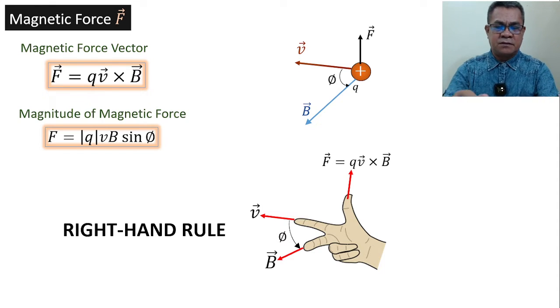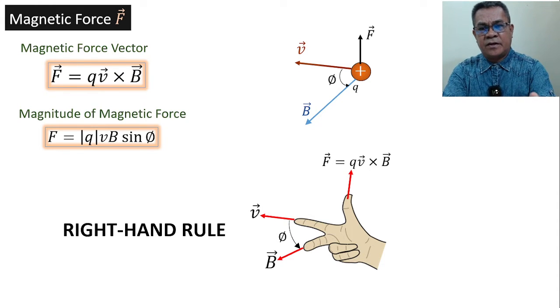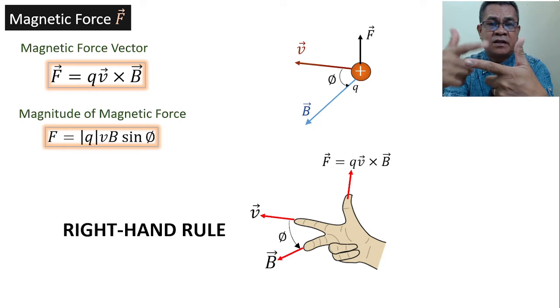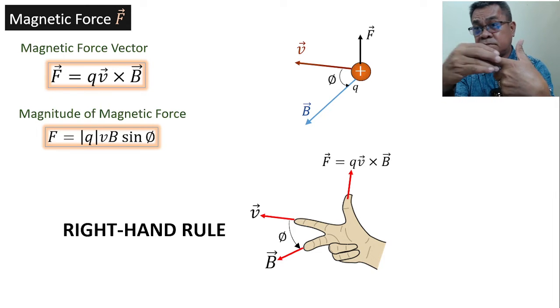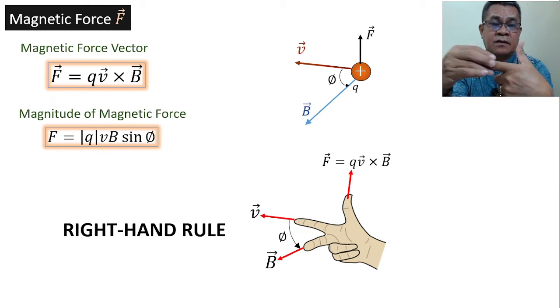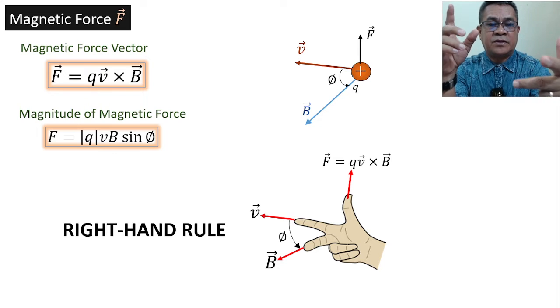Okay, now, as I've said, for these three components, velocity, magnetic field, and force, you can use your right hand rule again. So, look at this one. You can assign this index finger as your velocity, then the center finger should be the magnetic field, and the thumb should be your force.